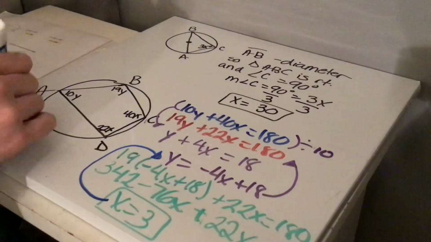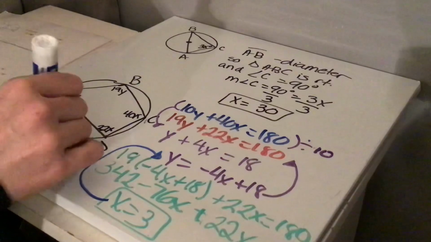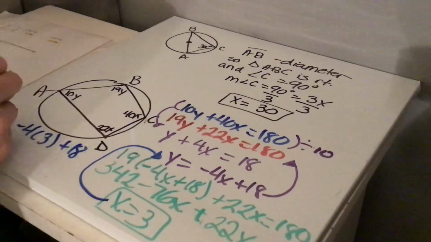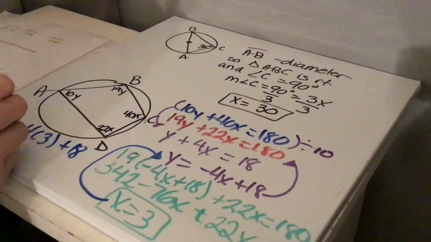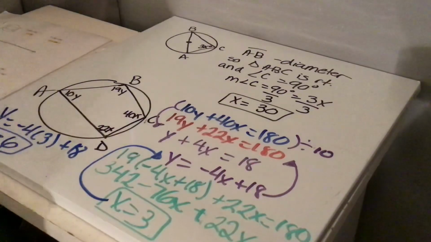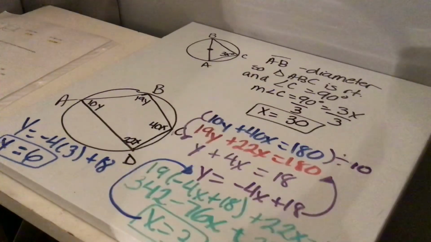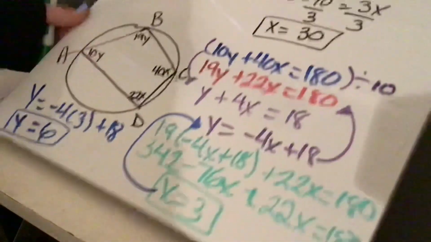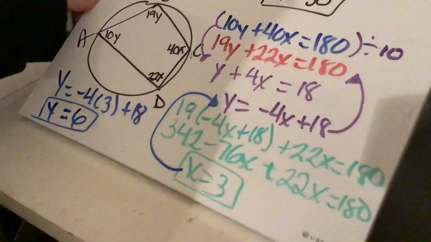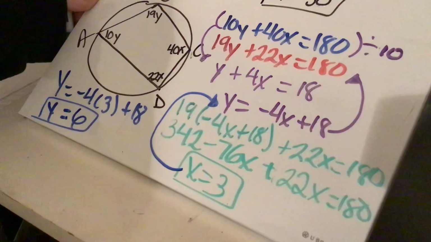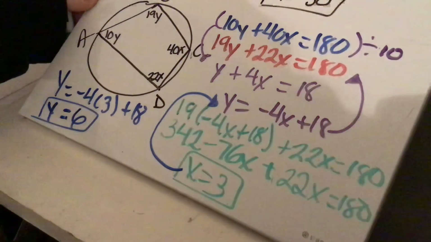And we get y equals negative 4 times 3 plus 18, and so y equals 6. And then you can find all of the angle measures. Okay, this is also in your notes. I know it's hard to see it all. Okay, so that is lesson 10.3.